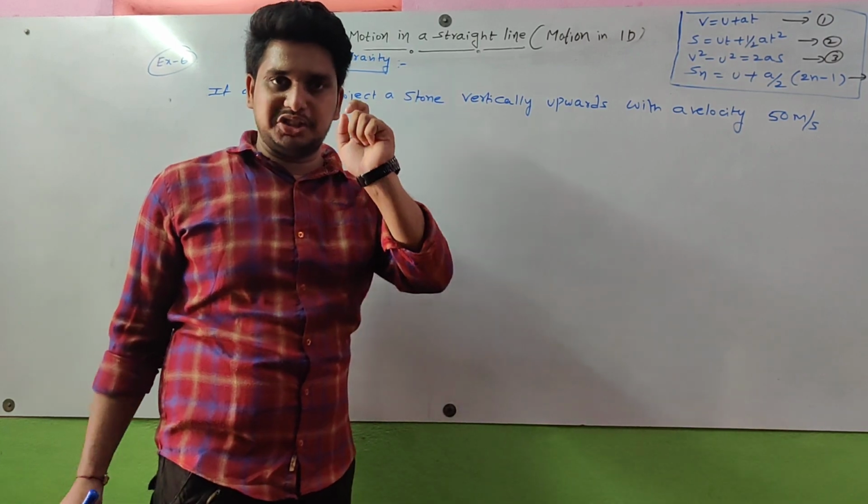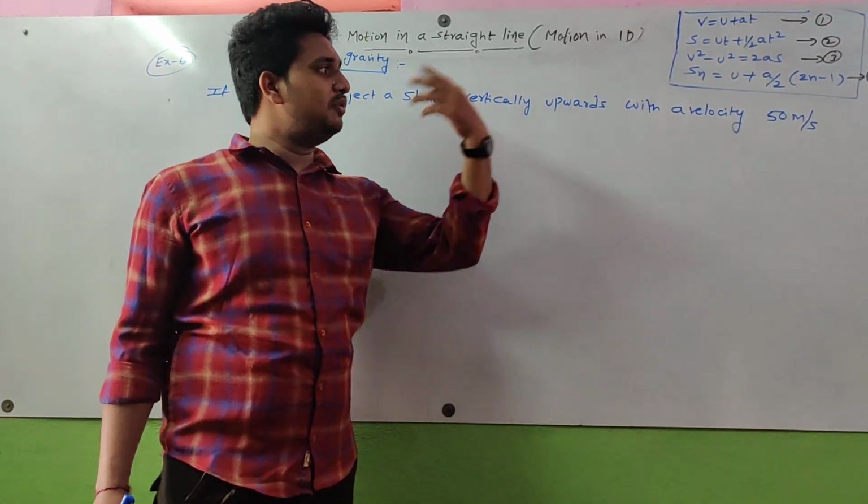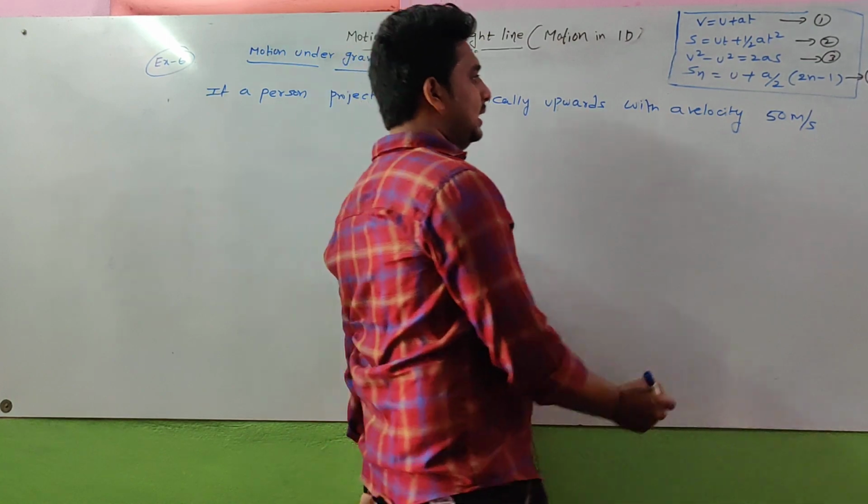Here the particle is what? Stone. So project a stone with a velocity 50 meter per second.